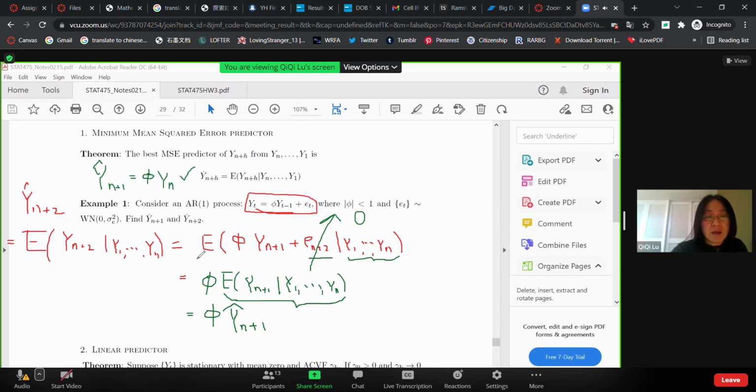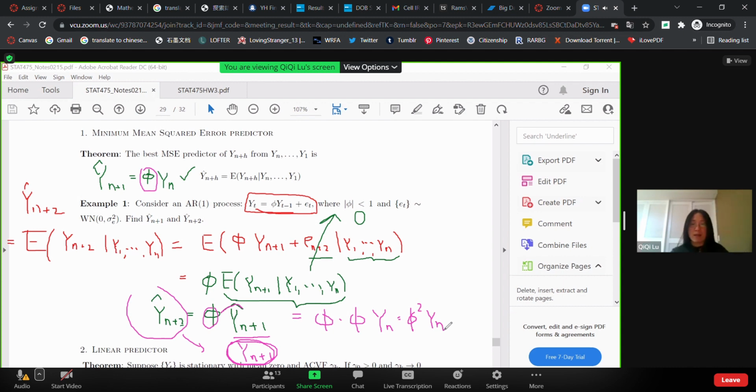You know y_n. And when you do the y_{n+2} forecast, you have the same coefficient here and here. You want to use the last value, but you don't have it. If you did have y_{n+1} here, you could calculate this, but you don't observe it. So you replace it by its forecast, y_{n+1} hat. Then this equals phi times phi y_n, so that's just phi squared y_n.